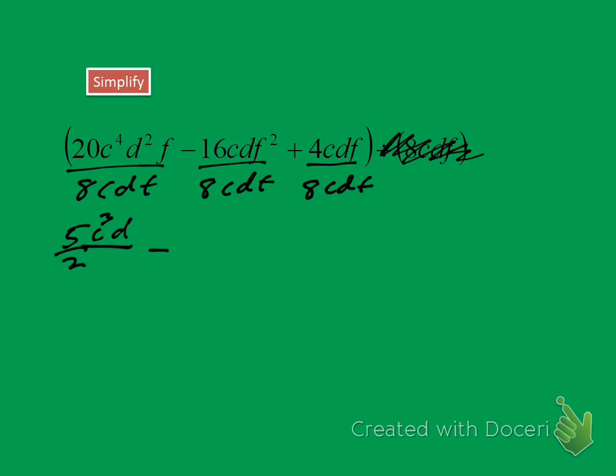Then minus 8 over 16 goes to 2. Same way, C's cancel, D's cancel, F you're left with 1. Plus 4 over 8 is 1/2, and then C, D, F all cancel.